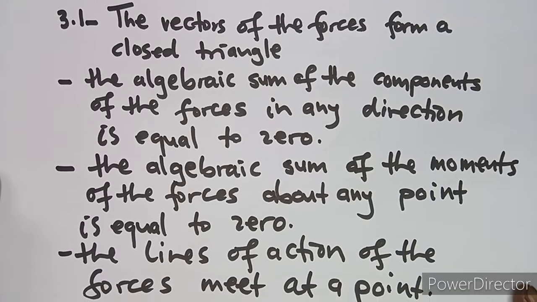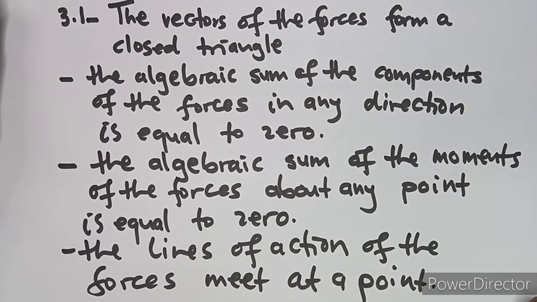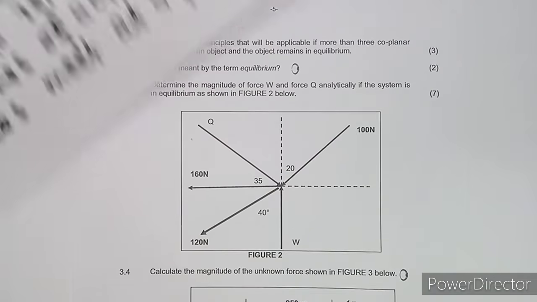The algebraic sum of the moments of forces about any point is also equal to 0. The lines of action of the forces meet at a point. So there are so many answers that you can use for this question. All right, that's what we had there.